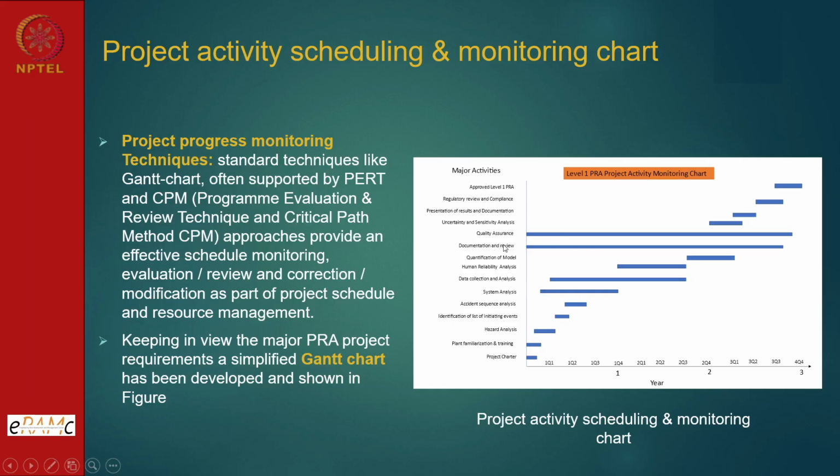The quality assurance activity goes through all the activities of the plant. Then the documentation, at data level, system level, and at the plant level, is a part of this. So individually you can see that, and the best part is that you are able to give the period, how long it will take for this project to complete.